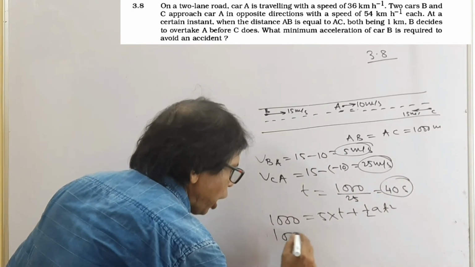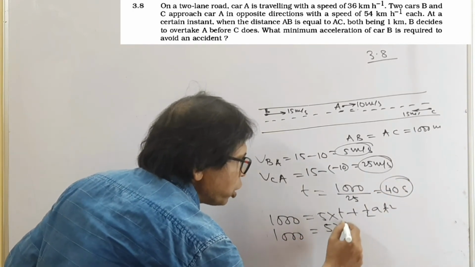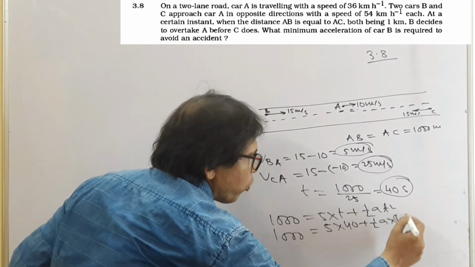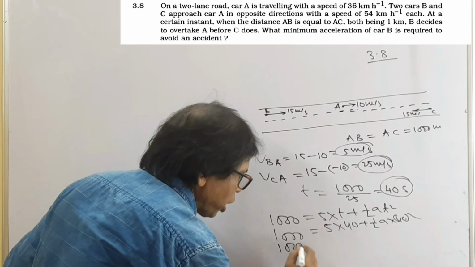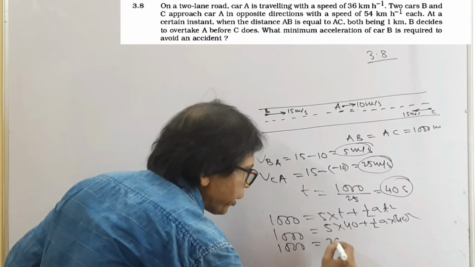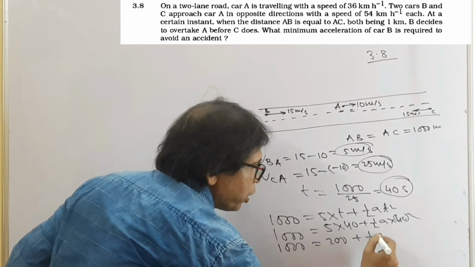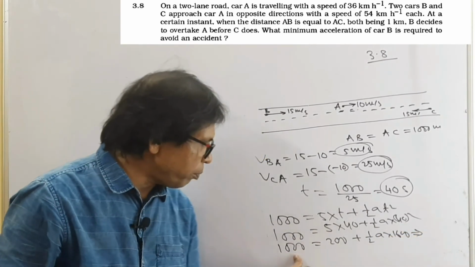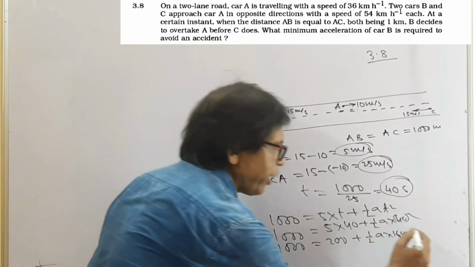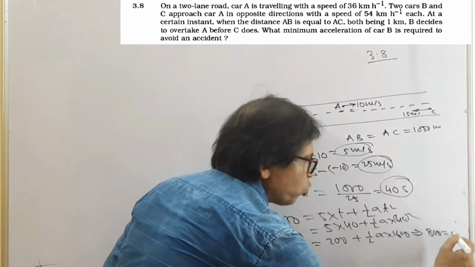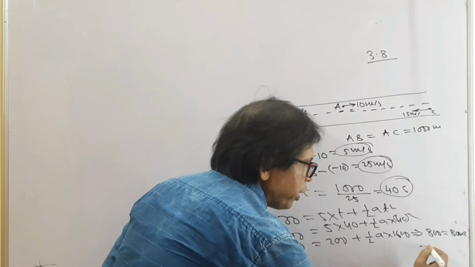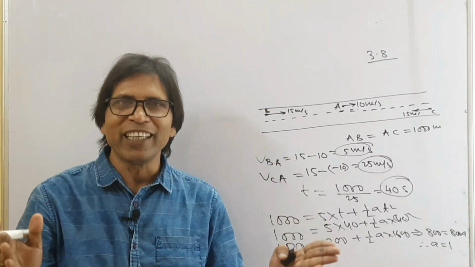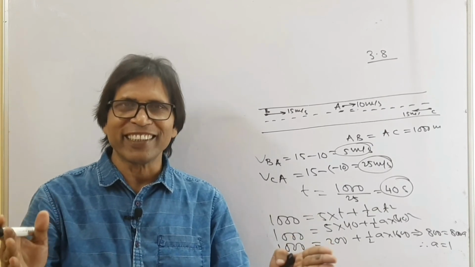So 1000 is 5 into 40 plus half into A into 40 square. Now 1000 equals 200 plus half into A into 1600. So 1000 minus 200 is 800. So 800 equals 800 A, therefore A equals 1. Therefore the acceleration of B is 1 meter per second square.